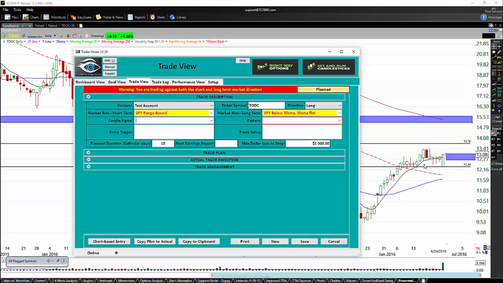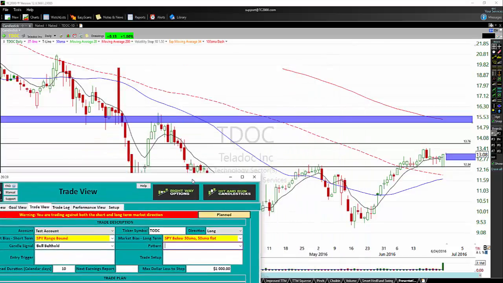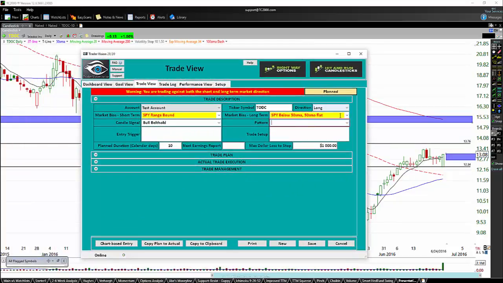In this case, perhaps I would consider this a belt hold. So we will call that a belt hold pattern. This is a rounded bottom breakout. It is also a W. I'm going to call this a W pattern.